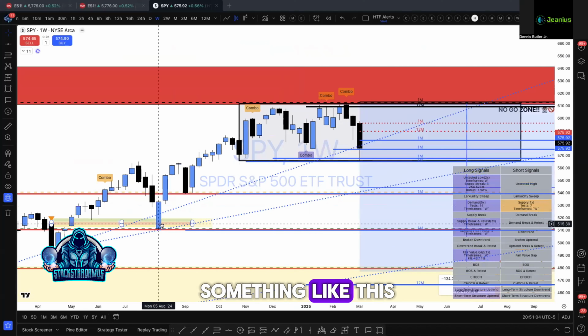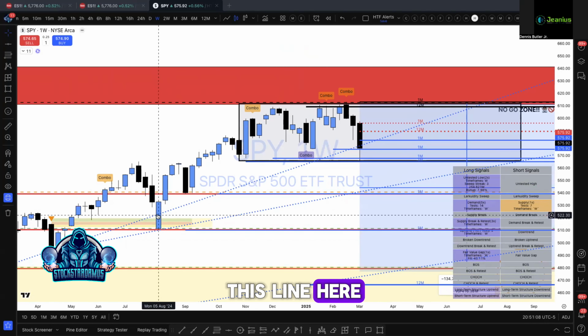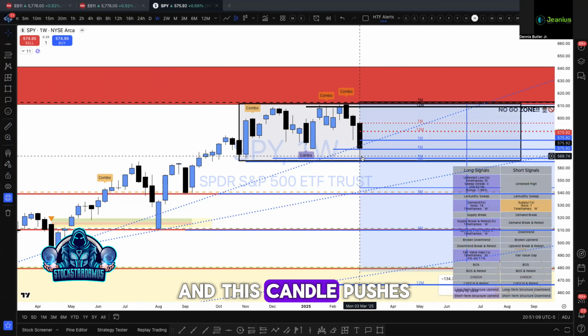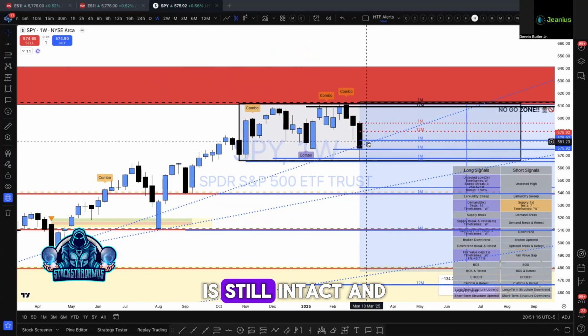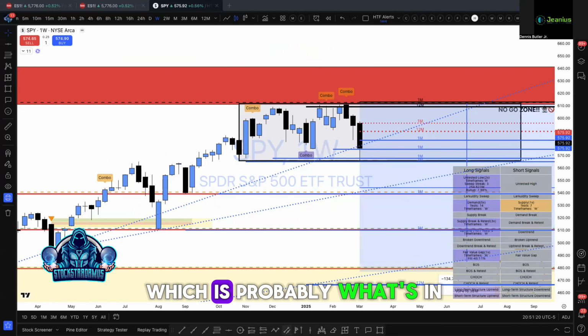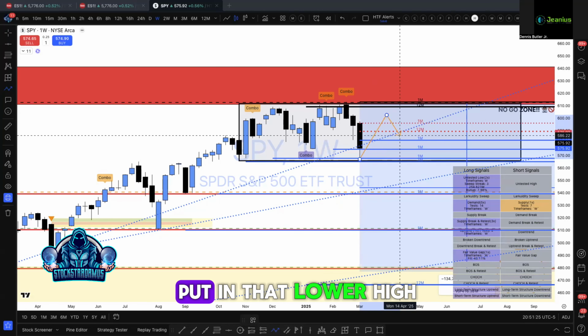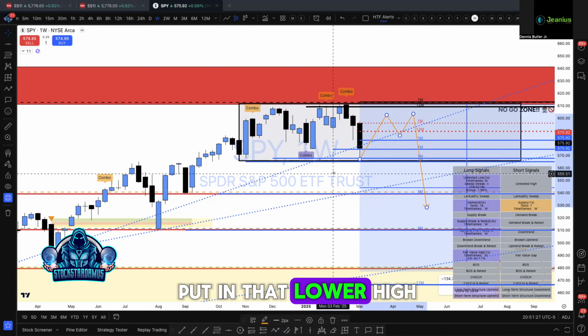Especially if you get something like this, where this candle pushes back up and closes above this line here, and this candle pushes back up and closes above here, you can assume that the revival of this trend is still intact and we still want to go higher, which is probably what's in the hypothetical for it to go higher and put in that lower high.